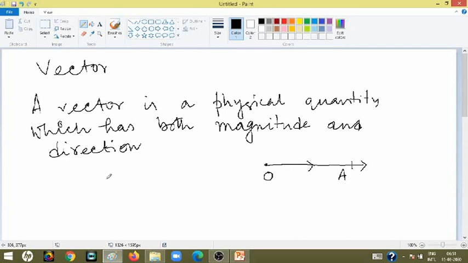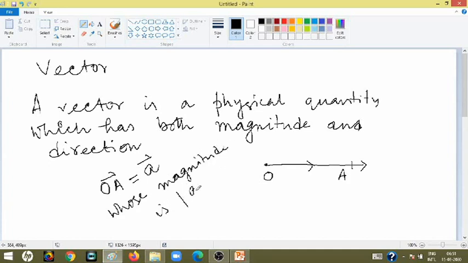Now OA, this vector, indicates the position vector of A with respect to the origin O, equal to A, whose magnitude is modulus of A, that is a.